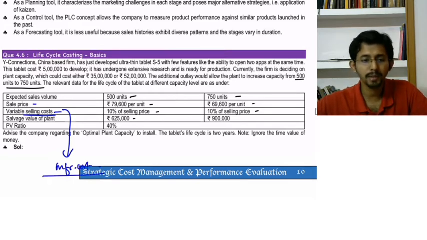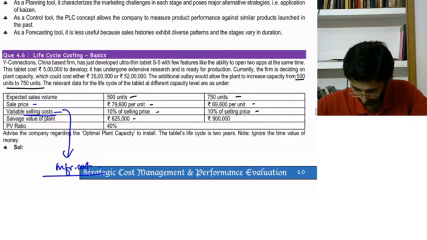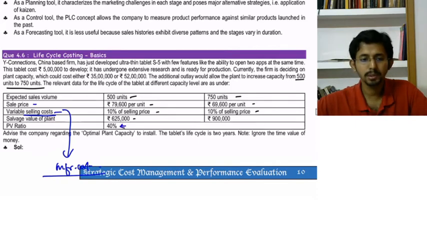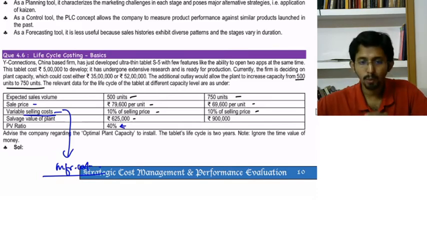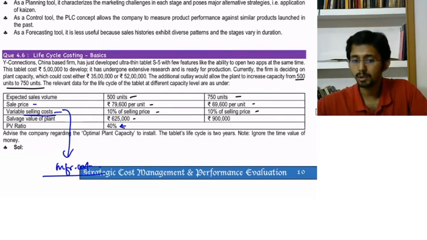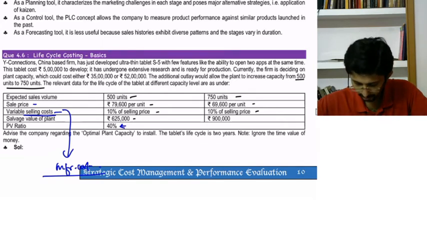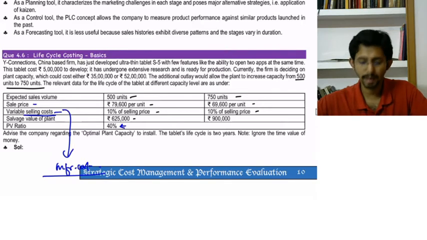So first you have to find out the manufacturing cost. How do you compute it? You know the PV ratio, using which you can compute the contribution per unit, and from that you can find the total variable cost. From that you reduce the variable selling cost, and you will get the variable manufacturing cost.